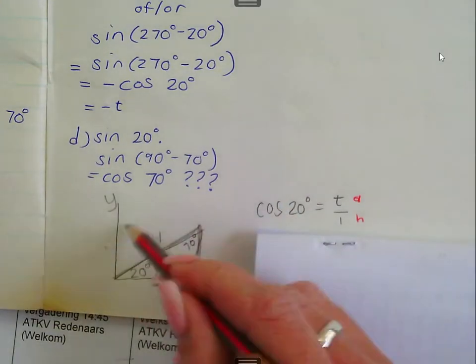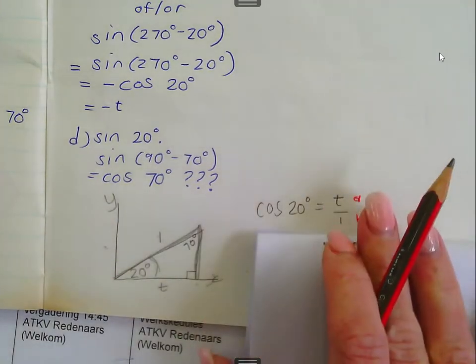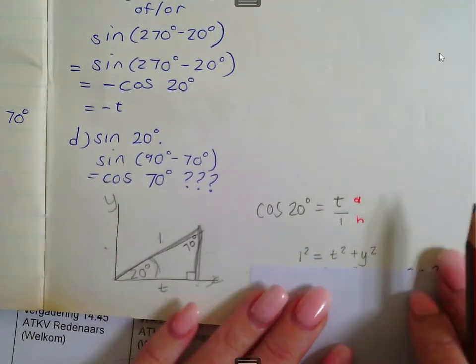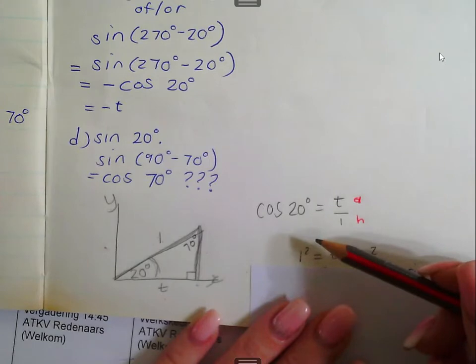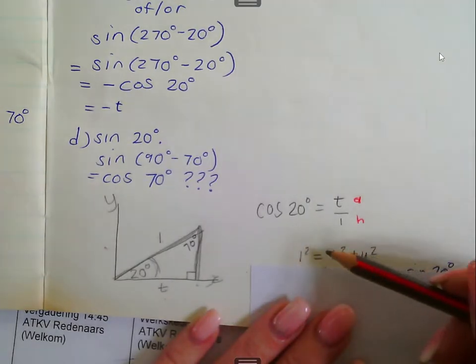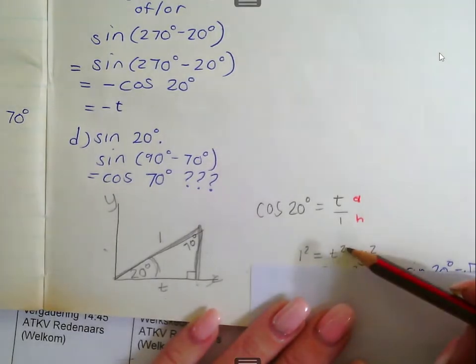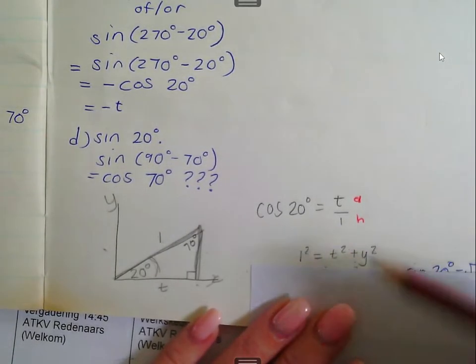That would be the x coordinate, that would be the y coordinate. So you do it the same way. All you're going to do is say hypotenuse 1 squared is equal to the right-angled side t squared plus y squared. Y is my unknown.